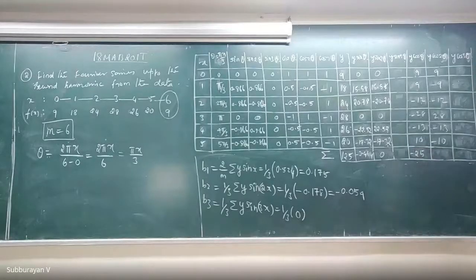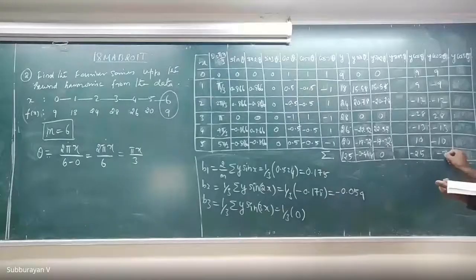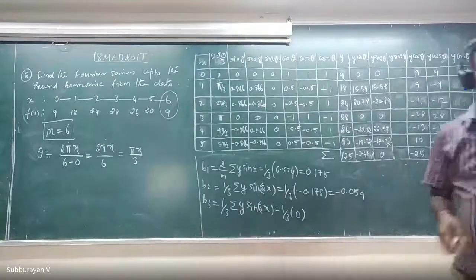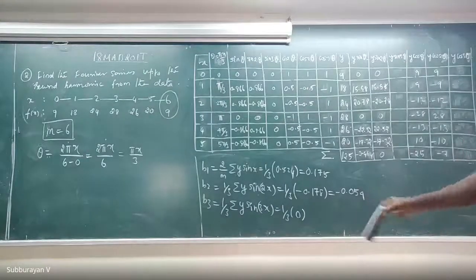And y cos 2 theta is minus 7. Okay, very good. Thus, we have calculated all the summations.